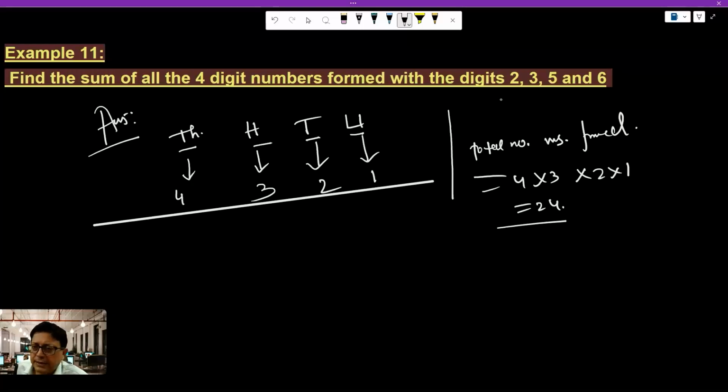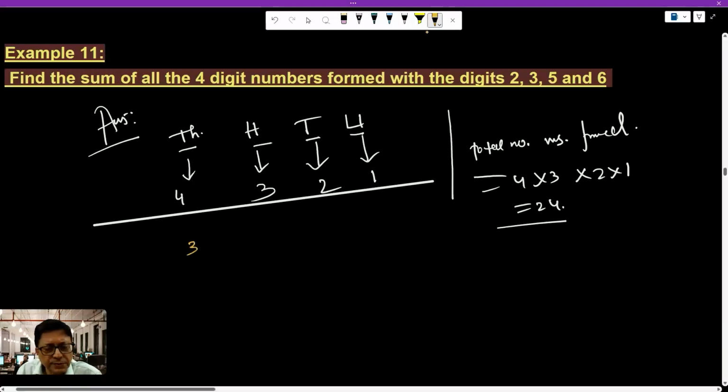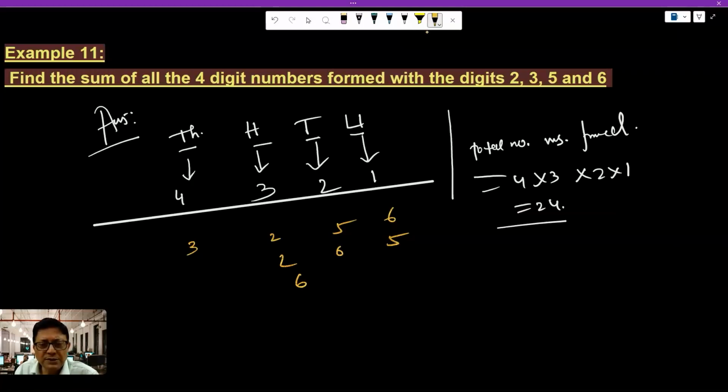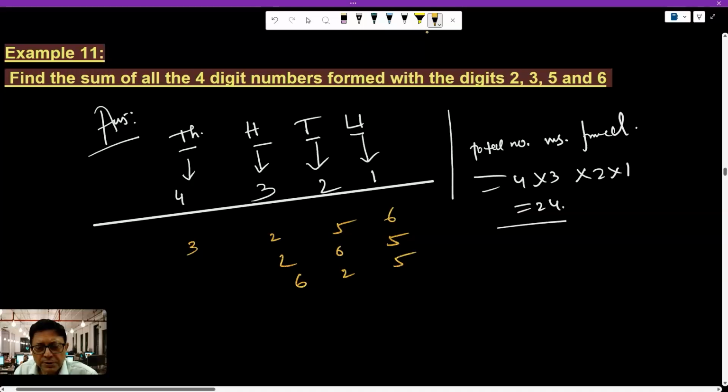How to get this? Suppose in the formation of a number, I start with the number 3. With 3, how many numbers can be formed? 2 5 6, 265, 625, 652, 562, 526.